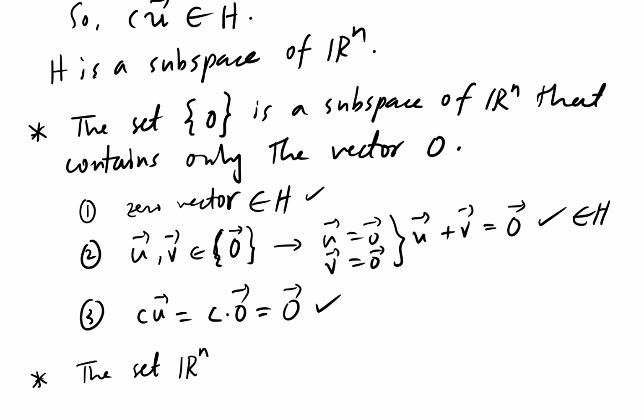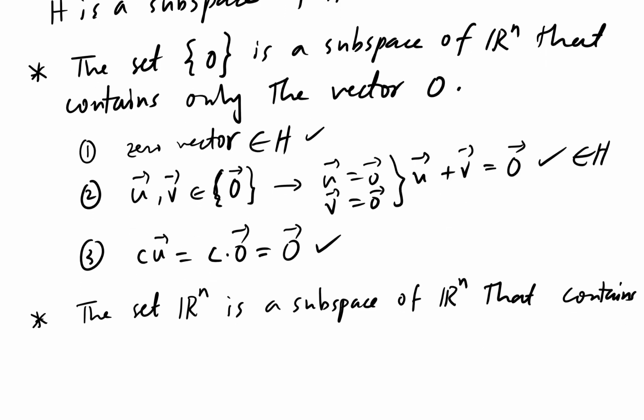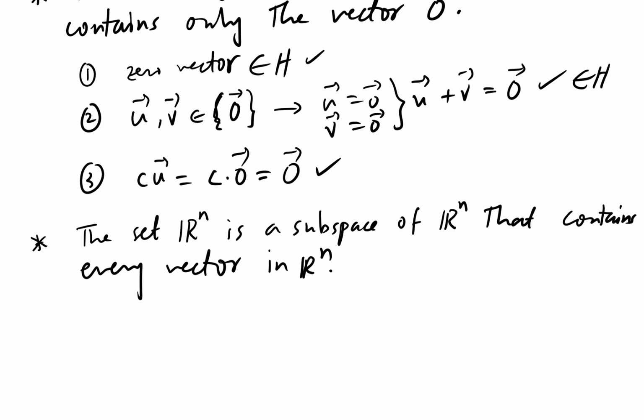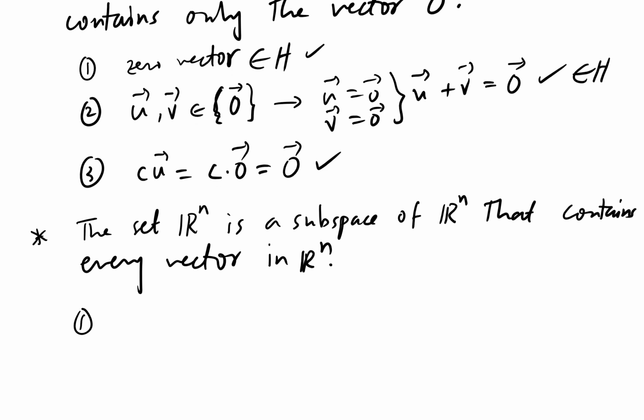Also, I want you to know the set Rn is a subspace of Rn itself that contains every vector in Rn. And to see this, it's very easy.